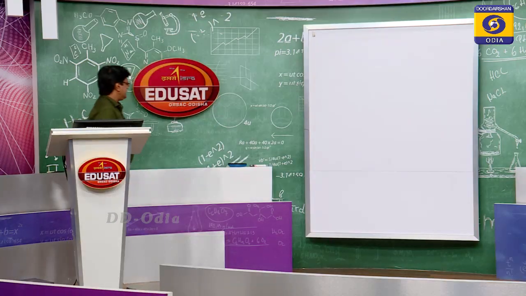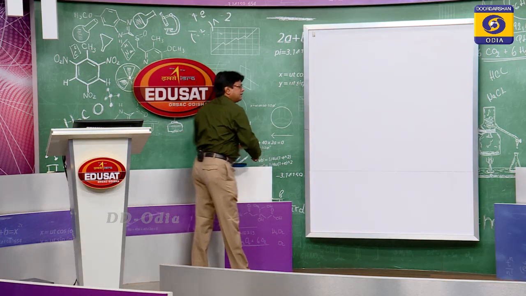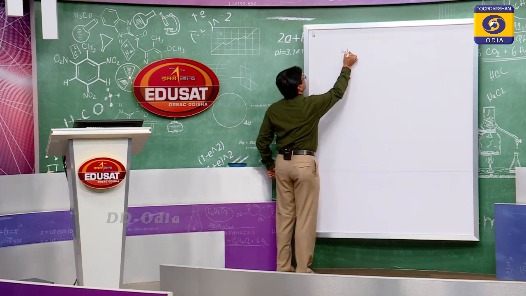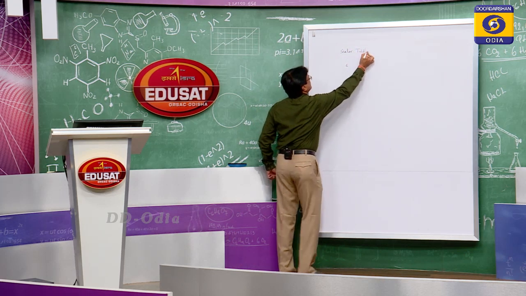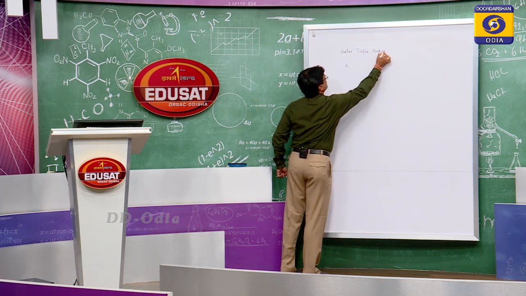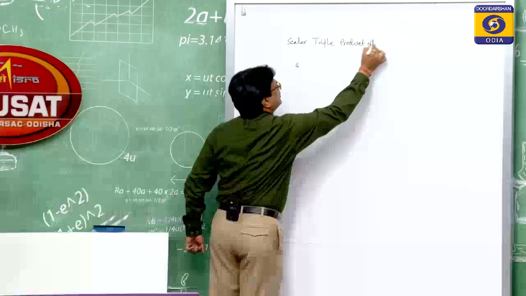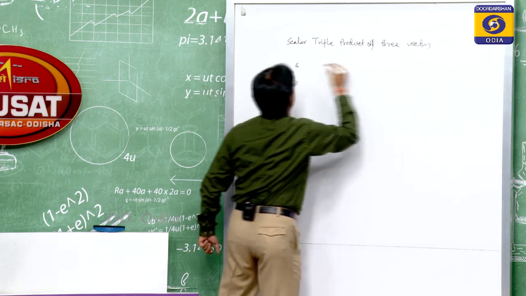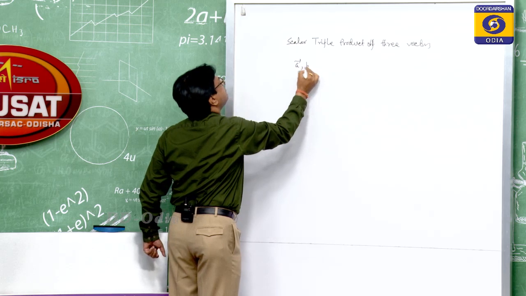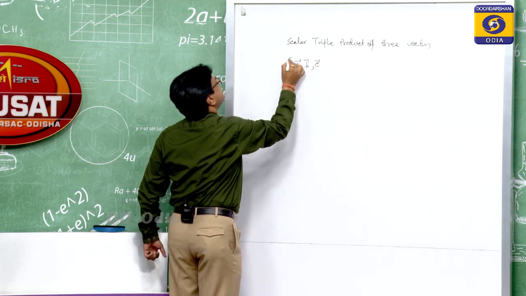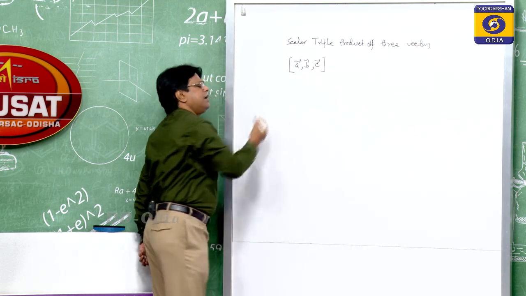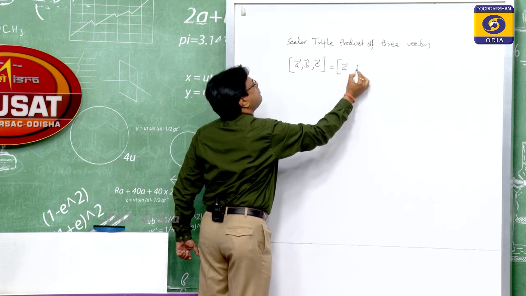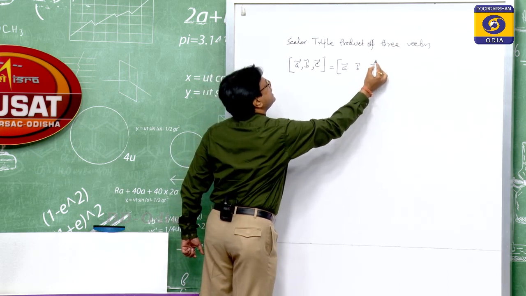If A, B and C are three vectors, then the scalar triple product of the three vectors A, B, C can be written in this form. A, B, C are separated by commas, or we can also write A, B, C with a gap.